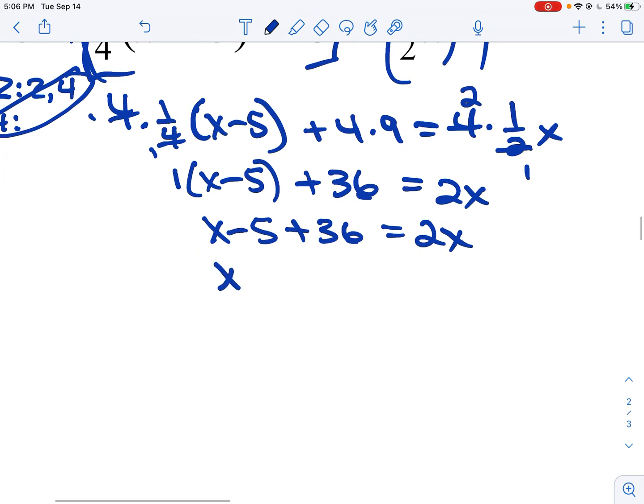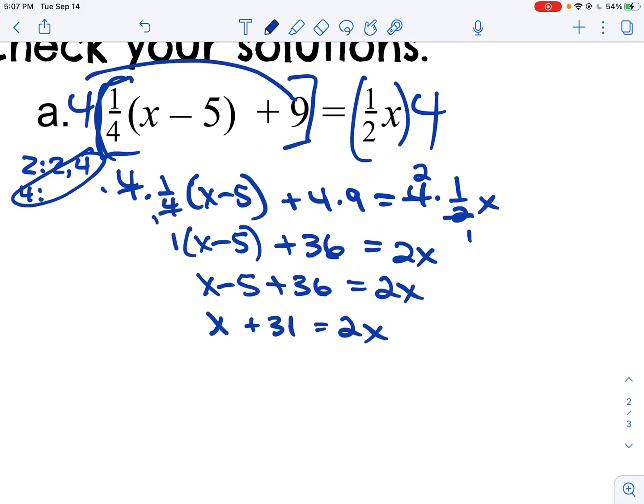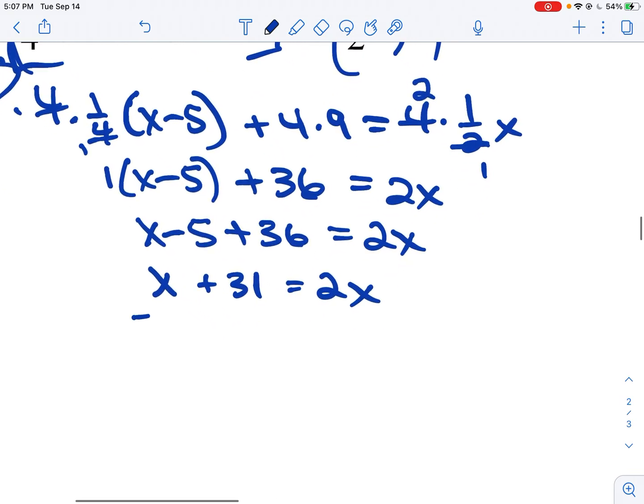I combine like terms, get 31 equals 2x. I subtract, sorry, my iPad is being silly. I get 31 equals x.